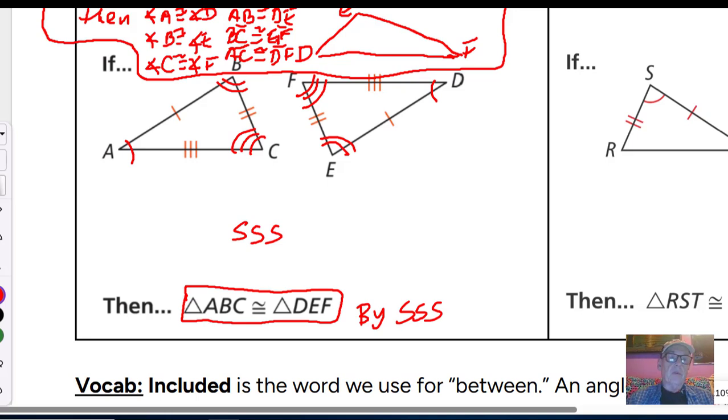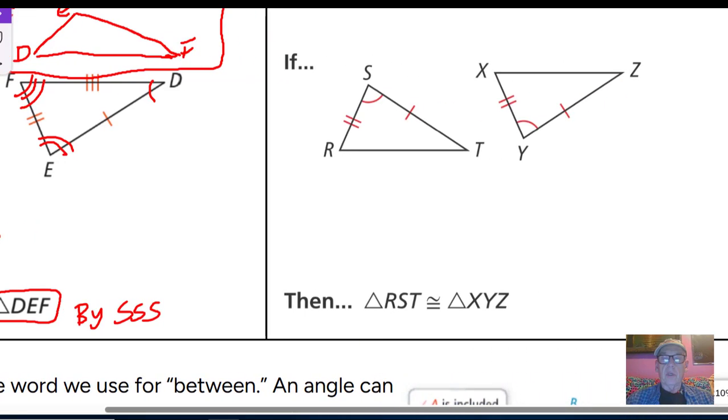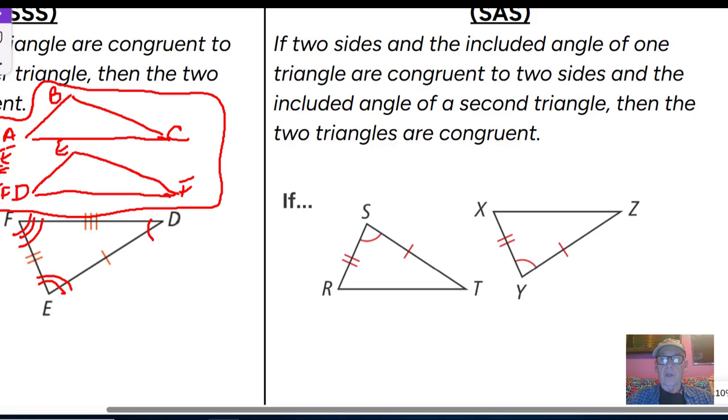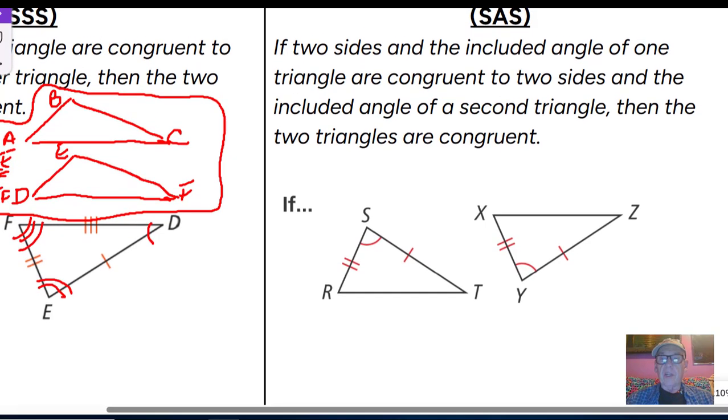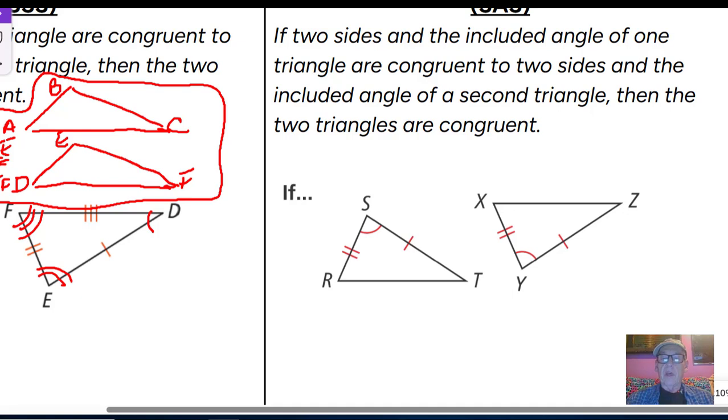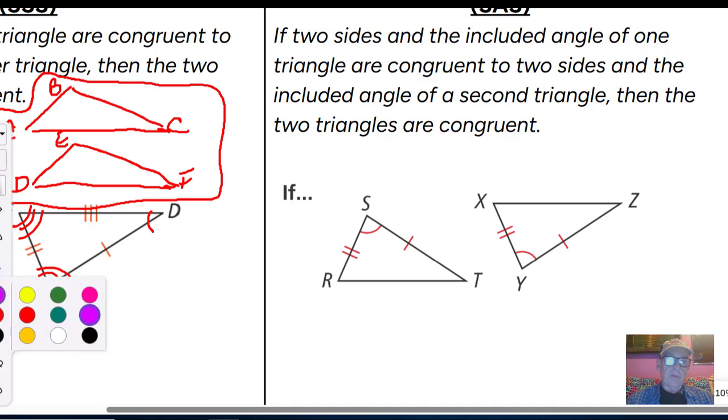Now the other shortcut that we're introducing is the side-angle-side congruence shortcut. So if you have 2 sides and an included angle that are congruent between 2 triangles, then that's enough for us to know that all the parts of the triangles must be congruent. So let me mark those.